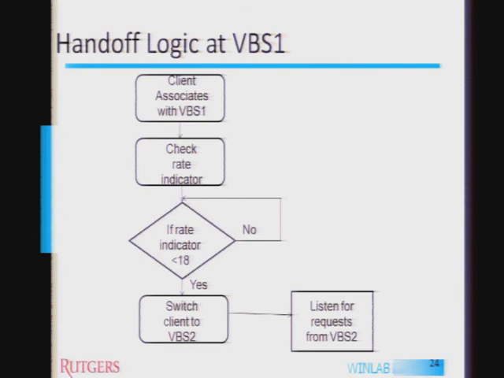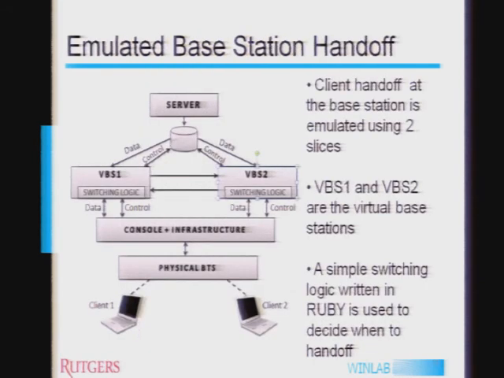I was just wondering whether you could have another module out here, and I guess that's what this server represents. We're not really dealing with how packets are received at these two slices, right?